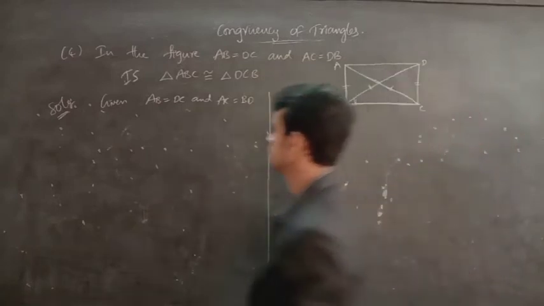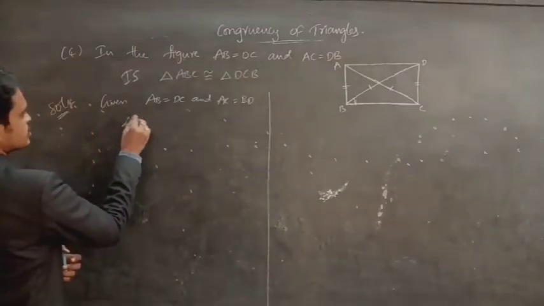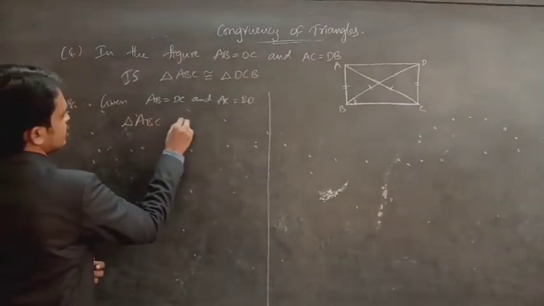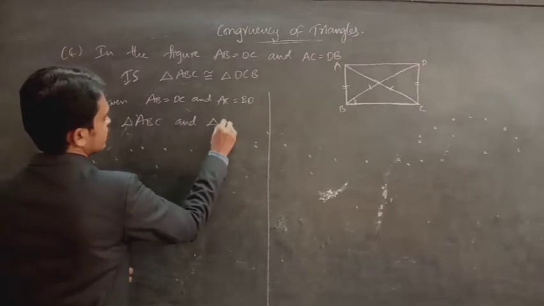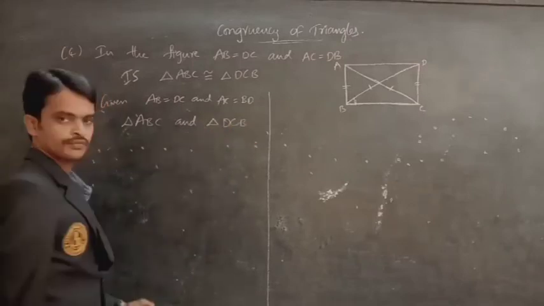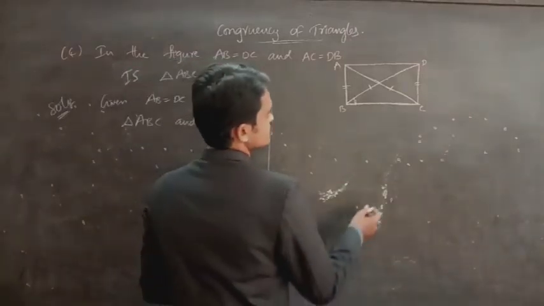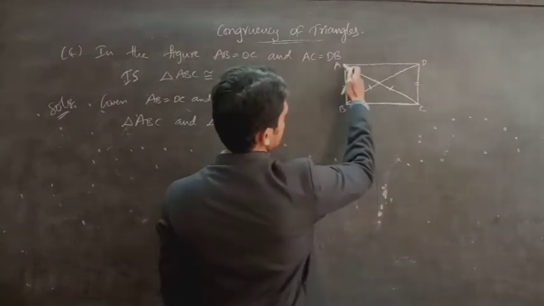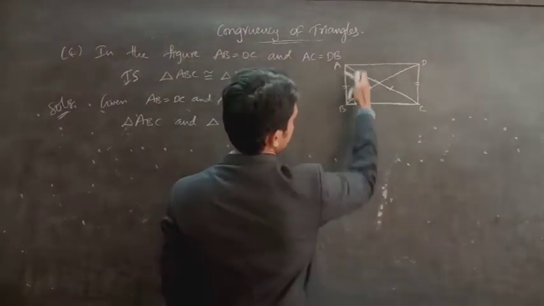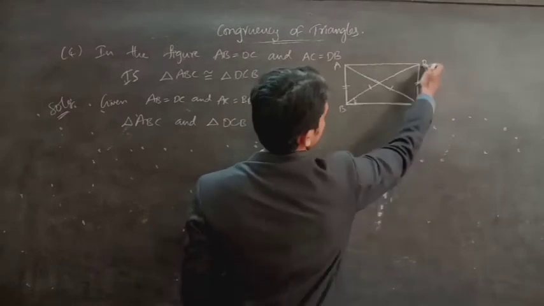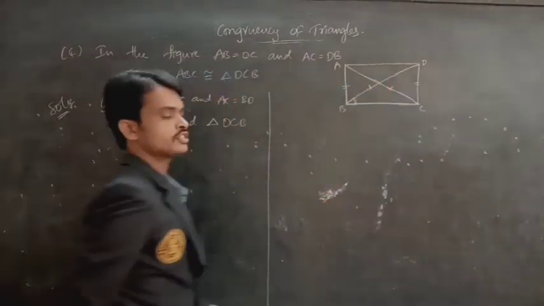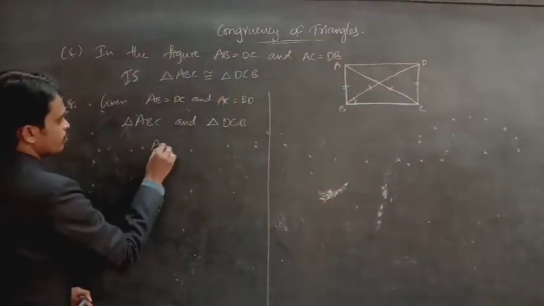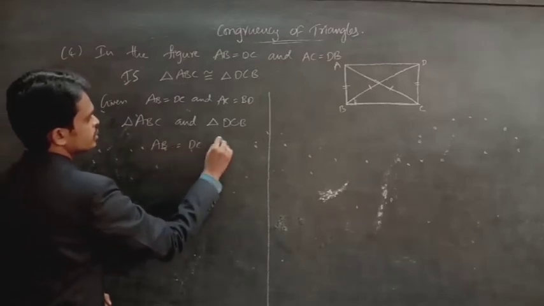So let us write the corresponding parts for triangle ABC and triangle DCB. In triangle ABC, we already know AB is equal to DC.